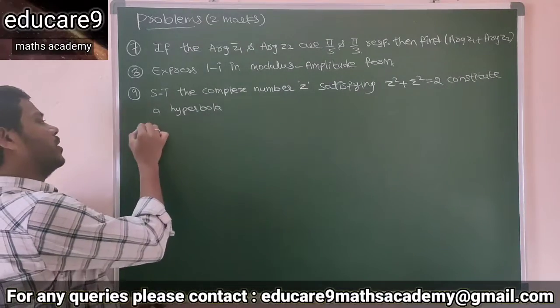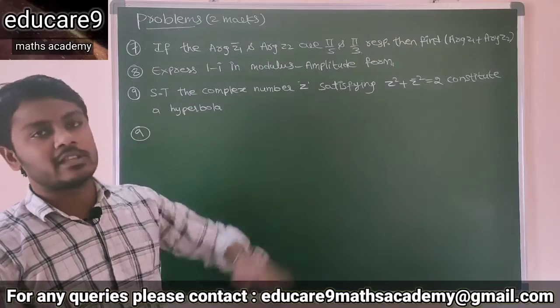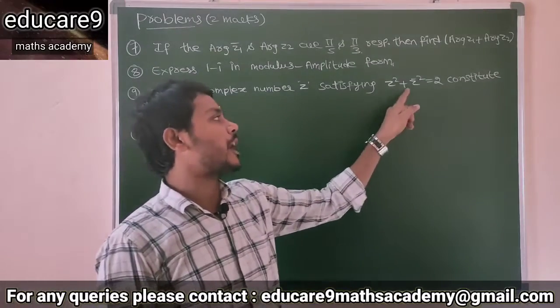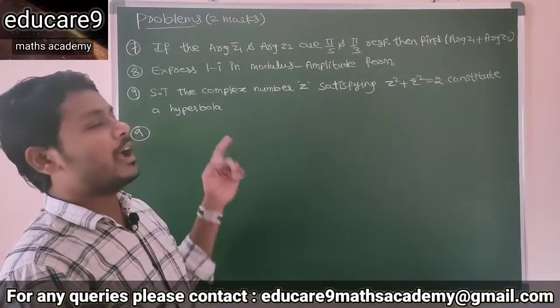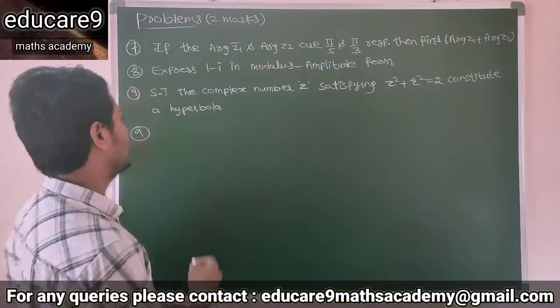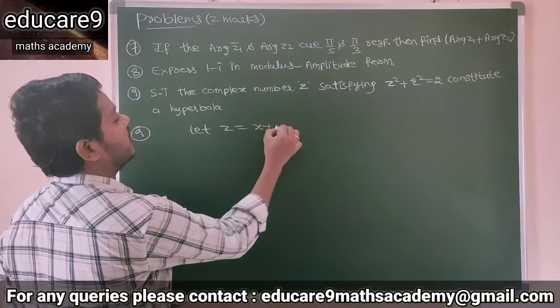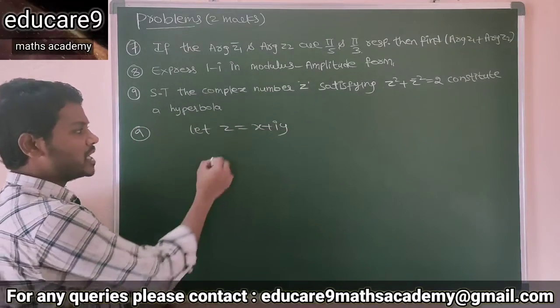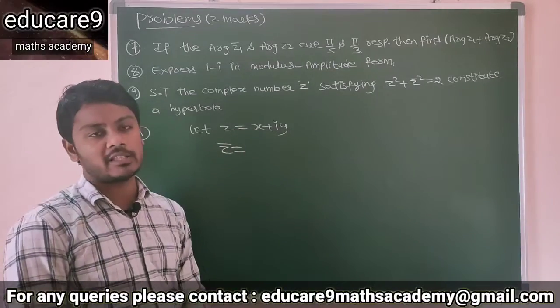So see the ninth one. Show that the complex number z satisfying z square plus z bar square equals 2 is a hyperbola. So let z is equal to x plus iy. Then what is z bar? That is the conjugate of this complex number.